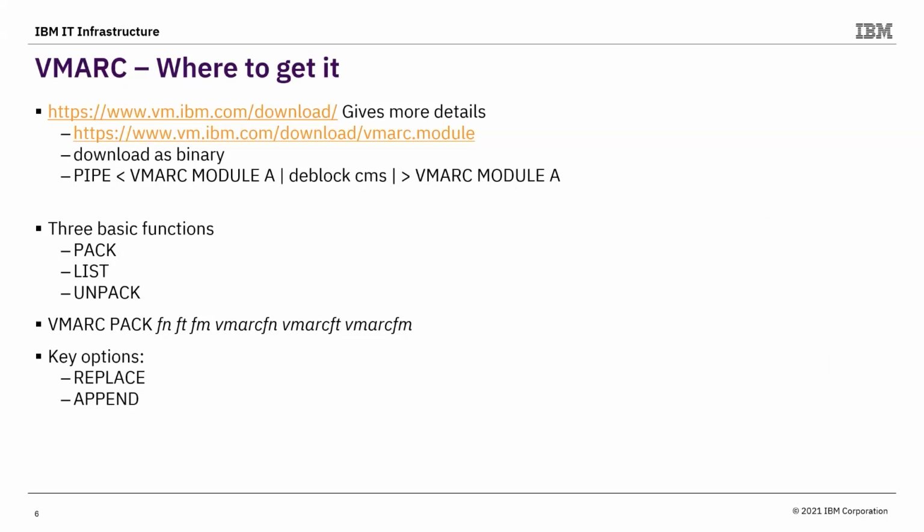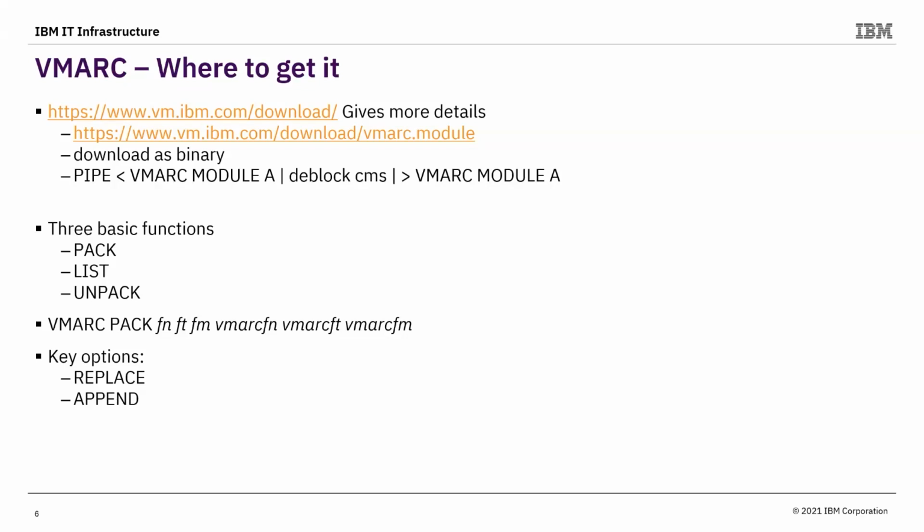Now, I typically use VMARC with one of three functions. Either I'm creating one, so I'm packing files into a VMARC file, looking at them, so the list function lets me see what files are in an archive, and then unpacking, right? There are a couple other options that I'll use sometimes if I'm creating them. That's replace and append.